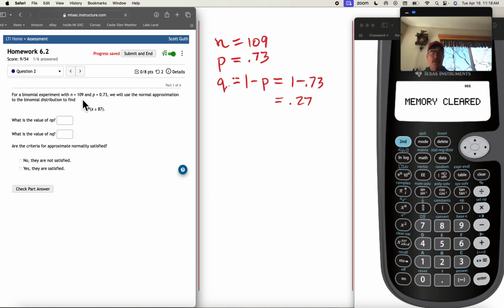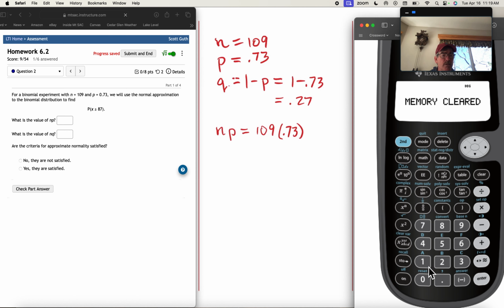Okay, and so then np would be 109 times 0.73. And so let's do that over here. Okay, so that comes out to be 79.57.